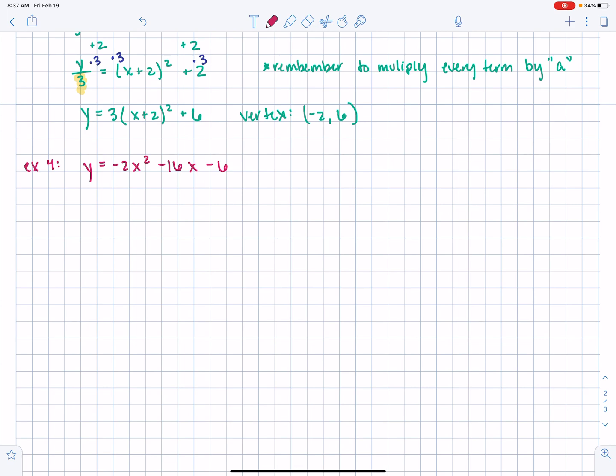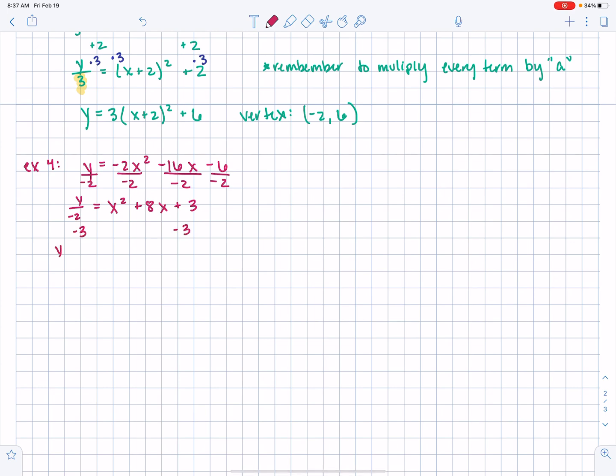Okay, so we need to divide every term by that -2. Watch your negatives here. So we get y over -2 is equal to x squared. This is now plus 8x and plus 3. All right, subtract your 3 over.